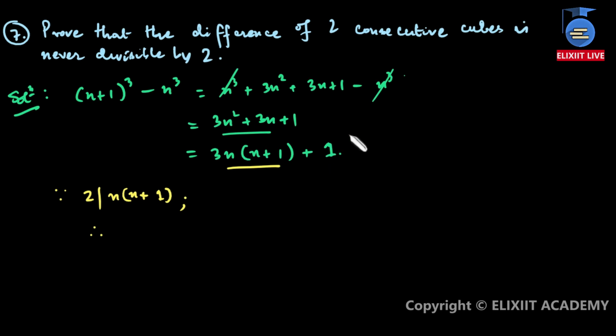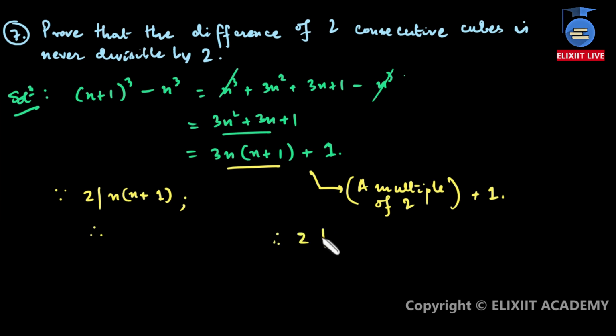This number is of the form a multiple of 2 plus 1. Therefore, 2 does not divide (n plus 1) whole cube minus n cube, which means that the difference of two consecutive cubes is never divisible by 2.